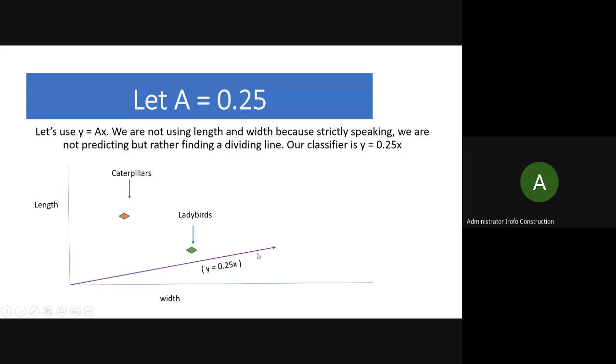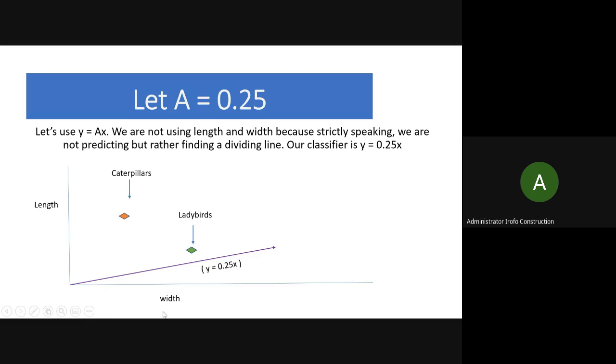To draw this line, the only thing you have to do is take values from 1 to 10 or 1 to 20, anywhere you want to reach. When x is 1, you replace x by 1, so 1 times 0.25 gives the value for y, then plot it like how we used to draw a graph.